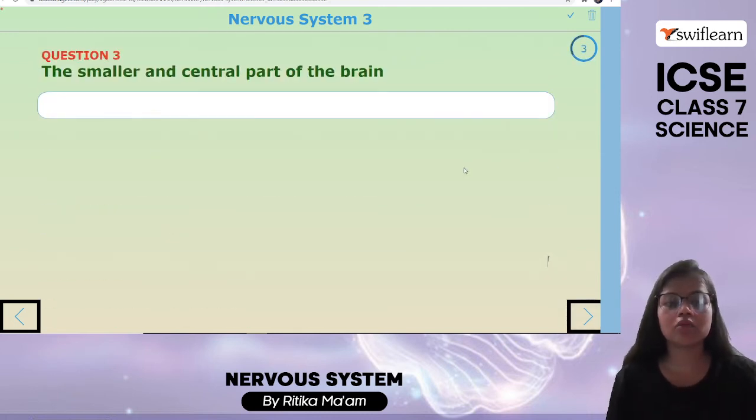Then at the last, the smaller and central part of the brain is known as the midbrain.